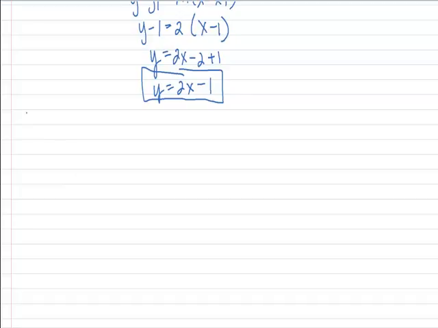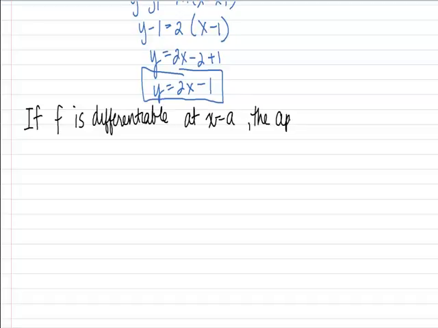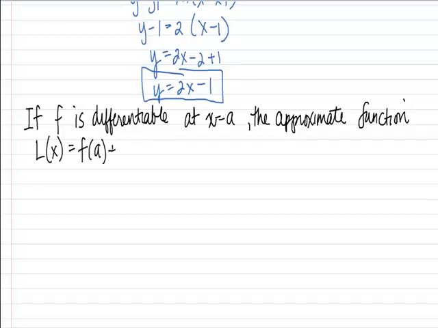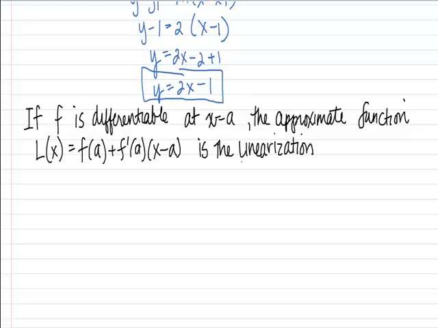So if we have some function f that is differentiable at some particular point, x equals a, then we say that the approximate function, which is L of x, equals f of a plus f prime of a times x minus a, is what we call the linearization of f at a.